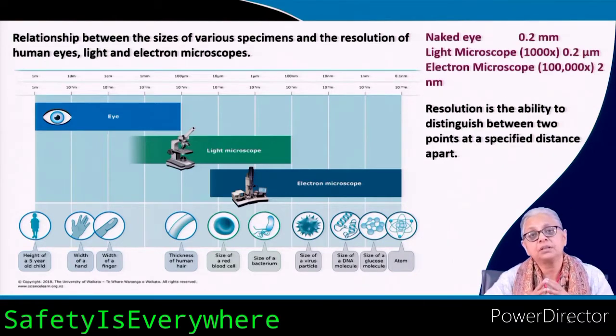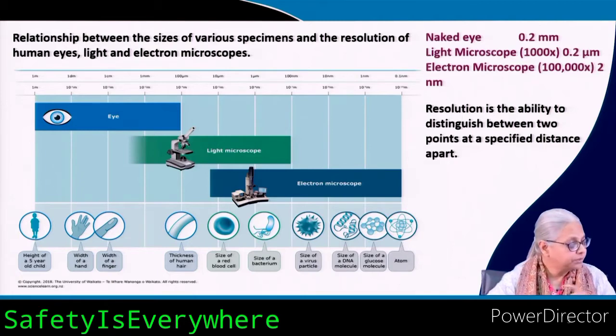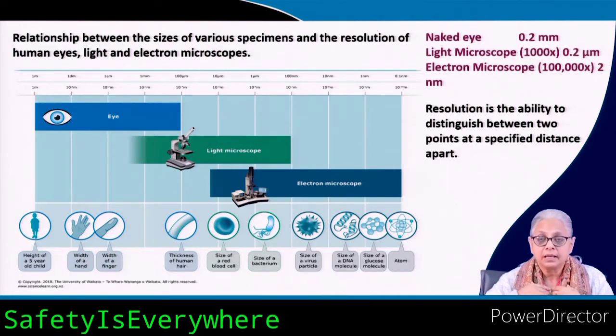There has been enormous progress in the last, I would say, 150 years, in terms of increasing the limit of the human eye. So today we have the ability to visualize objects all the way down to 1 nanometer or perhaps even less than that, all the way to 1 angstrom and further down. We will go into that in the second part of this topic.